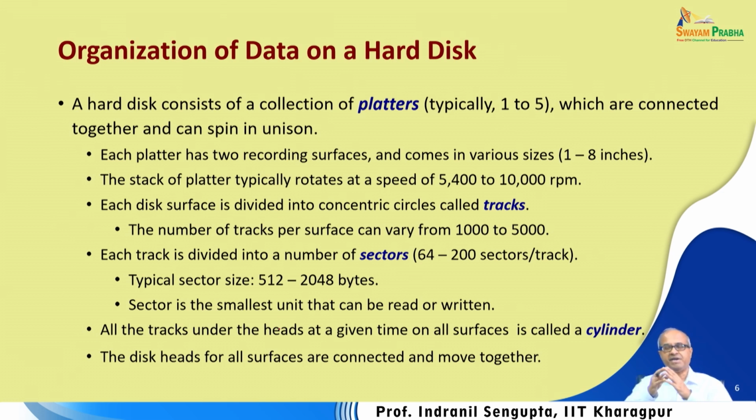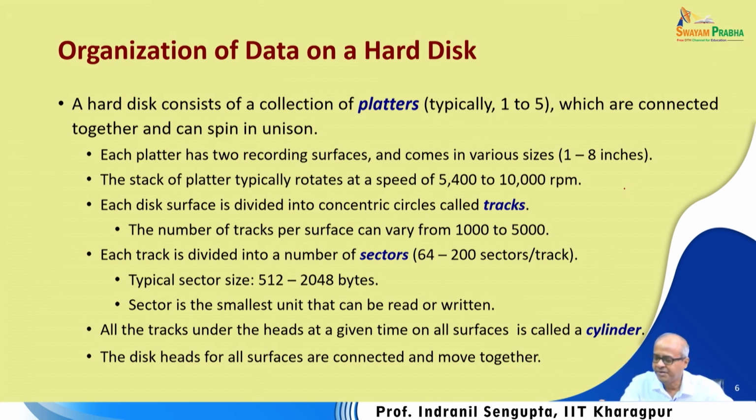Now, let us see how data are organized in a hard disk. This is interesting. As I said, in a disk there are a number of platters. Platters are circular plates. I think for those of you who have seen the earlier records where you used to play music, it looks something like this.